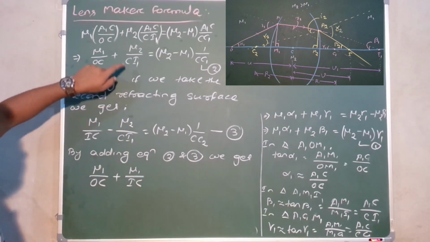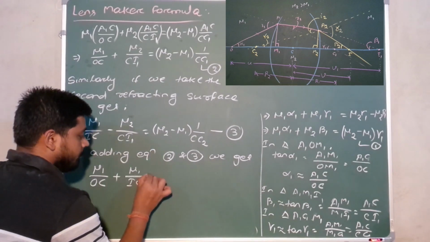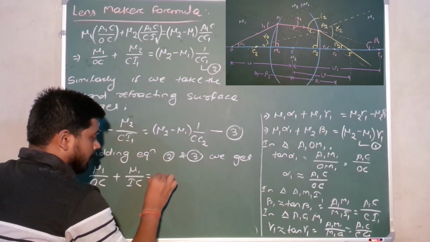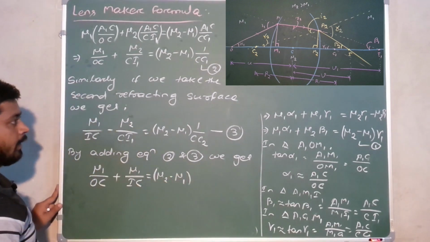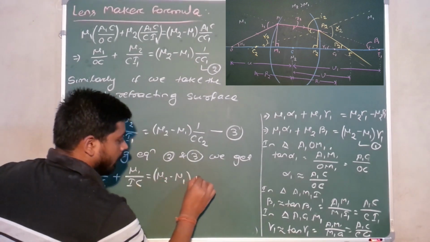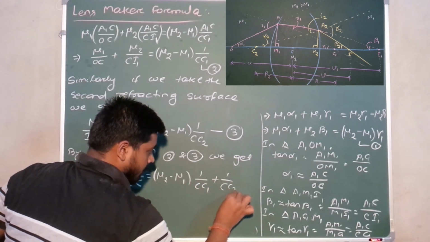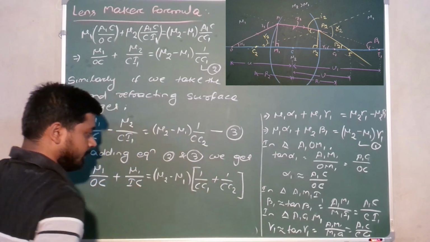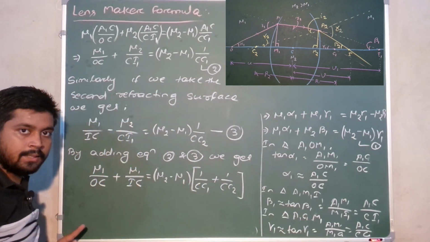These two cancel. Yes or no? This is the minus, this is the plus, cancel out. Then mu2 minus mu1, take common, mu2 minus mu1. Here, what do you get? 1 by C1 plus 1 by C2. Yes or no? Now we have to use the sign convention.